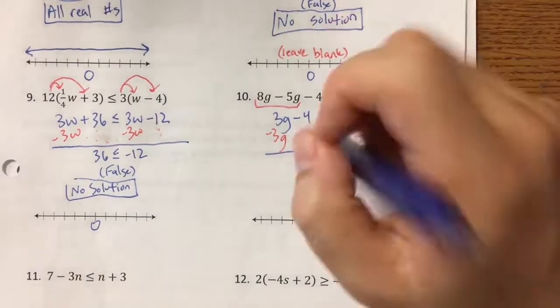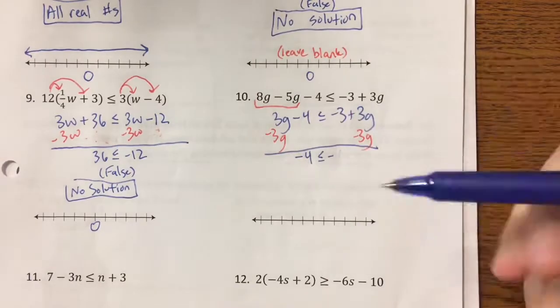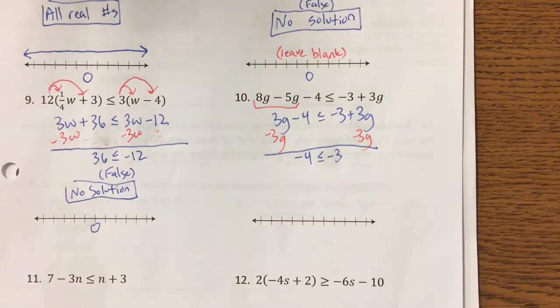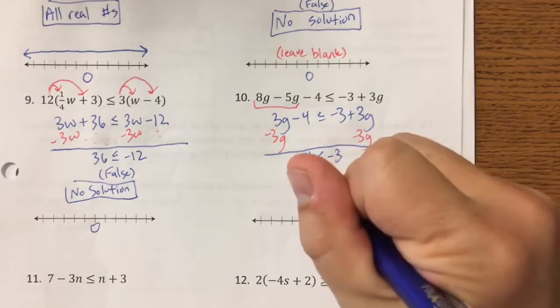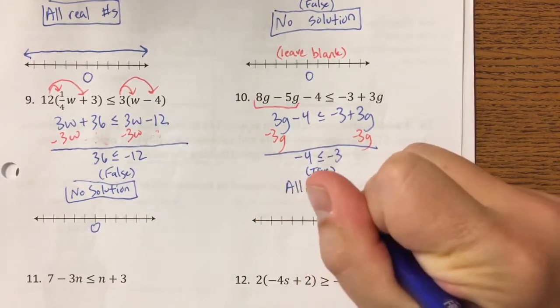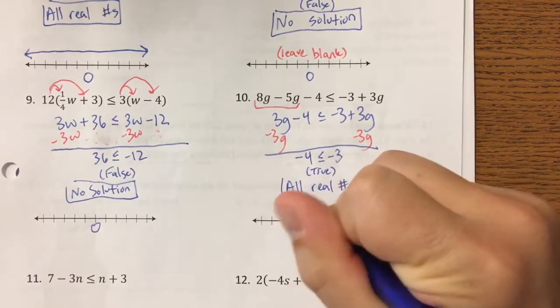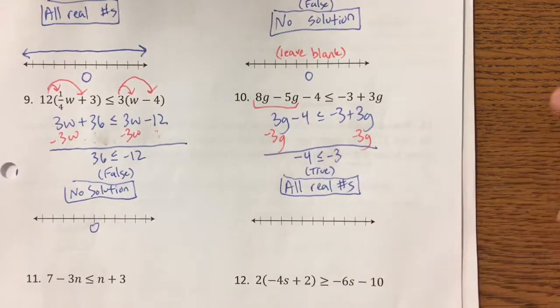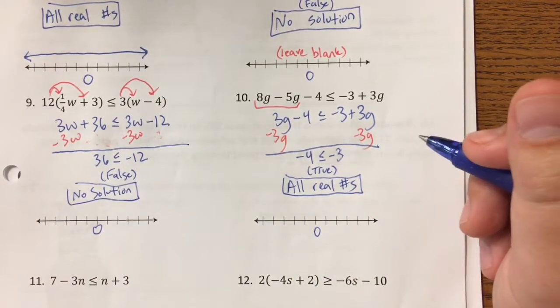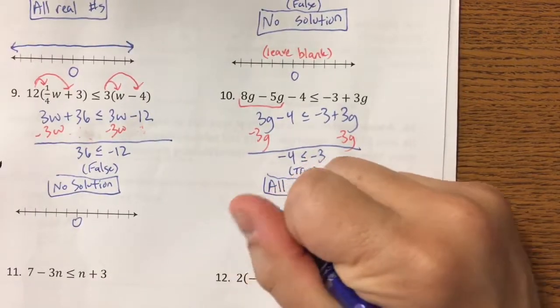Negatives can be a little tricky, but is this true or false? True. So I say all real numbers, meaning x could be any real number. So I'm going to do an arrow in both directions.